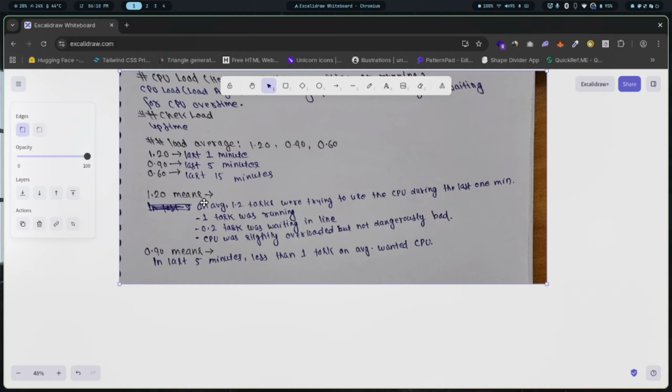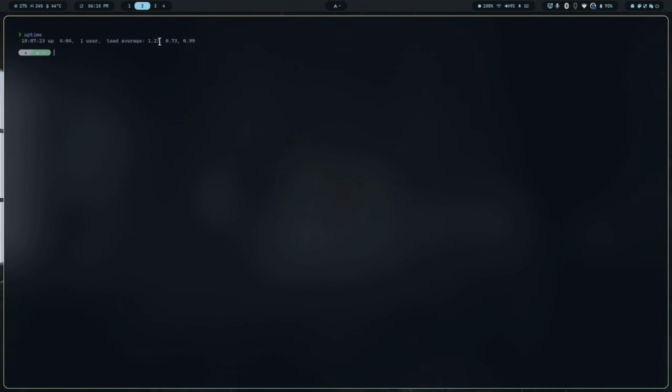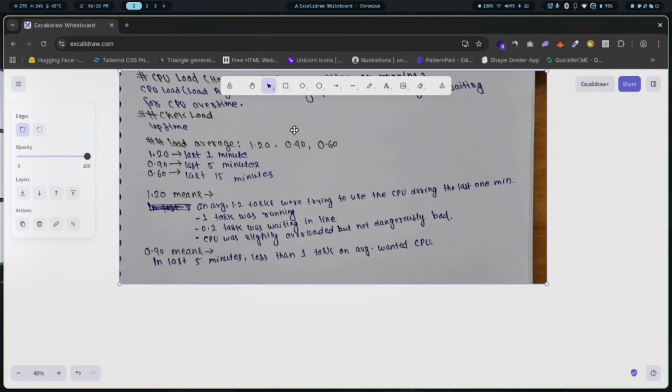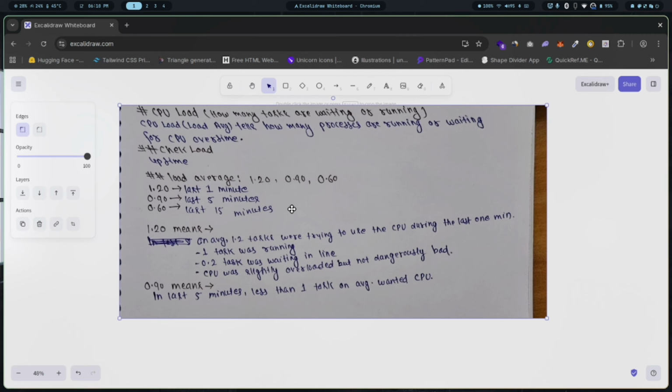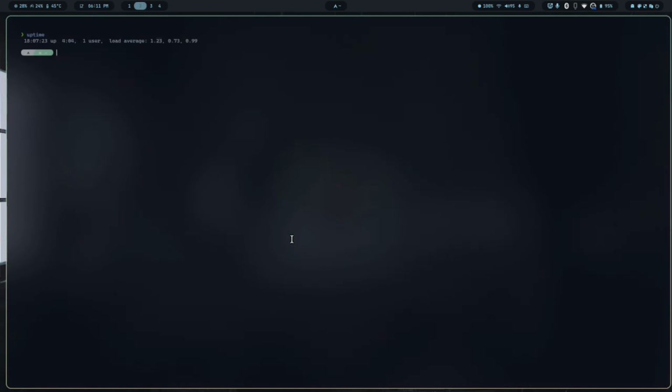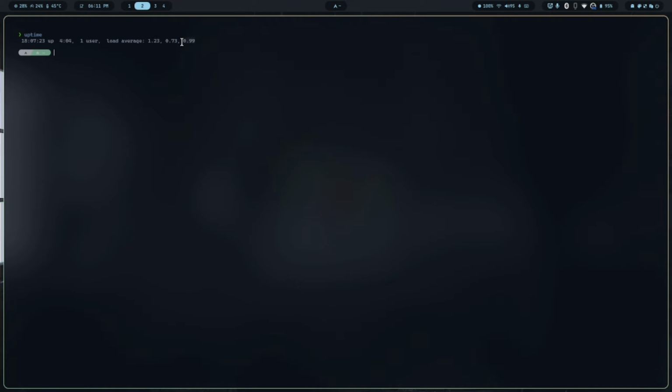If you find anywhere more than two, then there is a load, means your CPU is overloaded. So these are the conditions, and this is the meaning of these three values of load average.